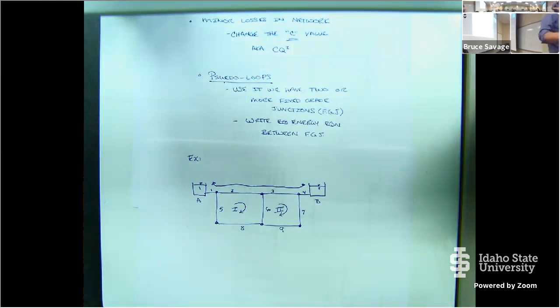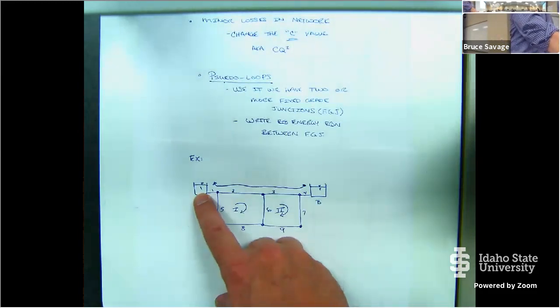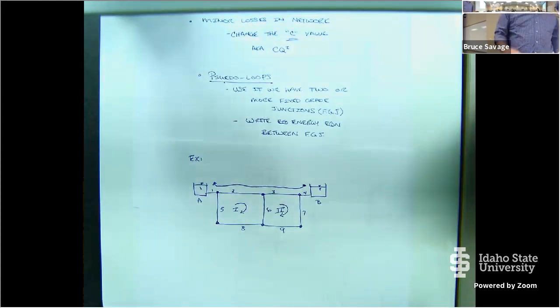So my question for you is, does it matter how I go through my loops? Does it matter that I go 4, 3, 2, 1? Or could I do 4, 7, 9, 6, 2, 1? And would I still end up at the same hydraulic grade line back here? Yeah, I would. I could do 4, 7, 9, 8, 5, 1. Now the reality is I have to go through pipe 4 and I have to go through pipe 1 no matter what I do.